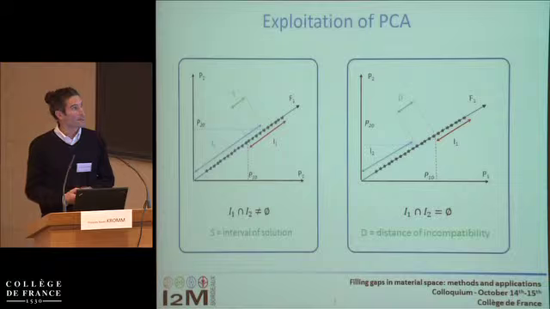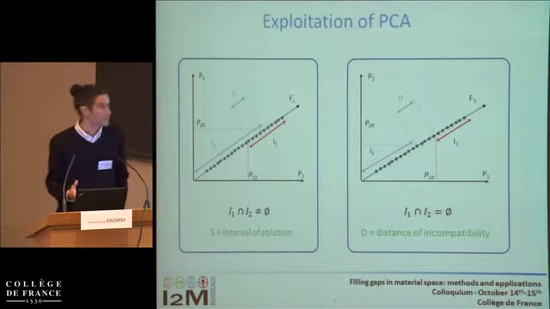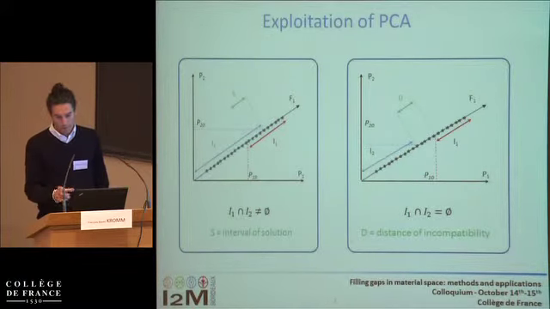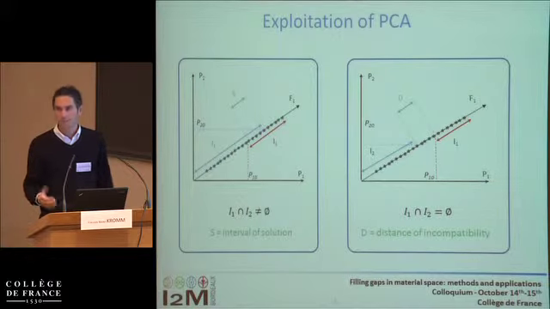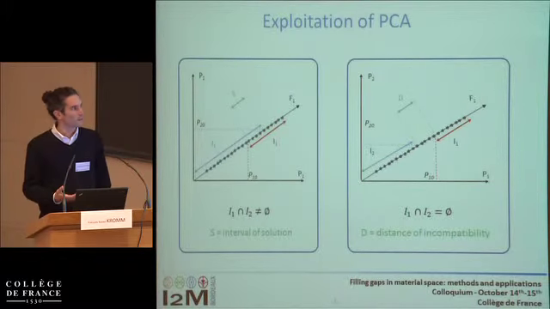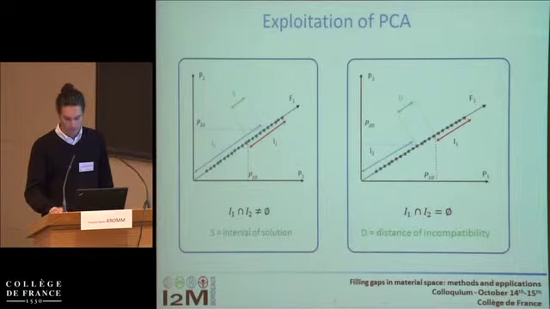But in the case where there is an incompatibility between the requirements, the intersection of the two intervals is void, and this method allows us to define the distance between the two intervals, which we call the distance of incompatibility. This distance is interesting because, as a function of its value, we can see whether a small variation on the level of the criteria can allow the compatibility to be possible, or not.